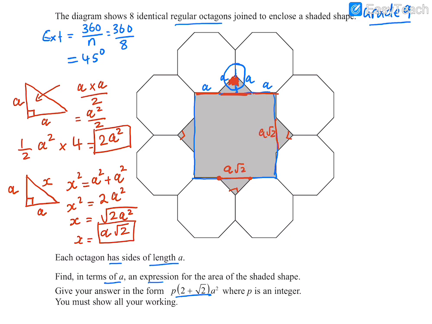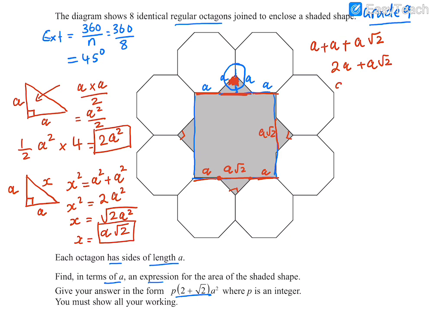Now we can work out the full side length of the square. We have 2 lots of A, so we get A plus A plus A root 2 as one of the sides of the square, which is 2A plus A root 2. Now we need to square that, because to find the area of the square is length times width.